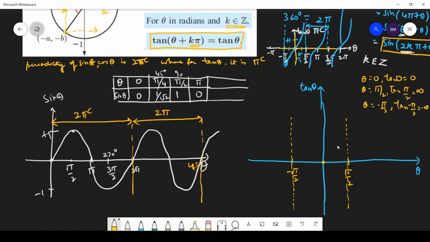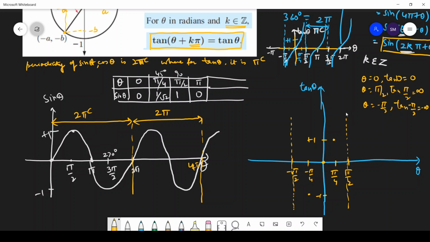This value I know: when this is pi by 4, the value is plus 1, and when this is minus pi by 4, meaning 45 degrees, I know the value is minus 1. So I got these points, pi by 4, plus 1 and minus pi by 4, minus 1. But how shall I get a point at pi by 2, where the tan theta value is infinity?